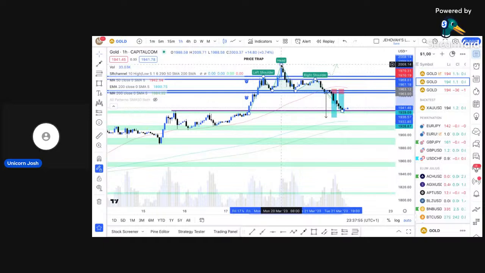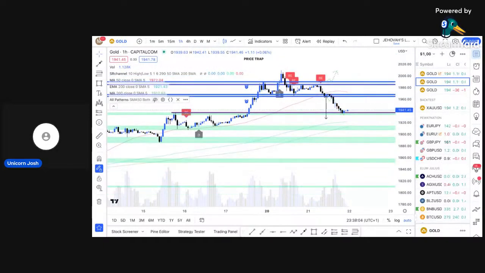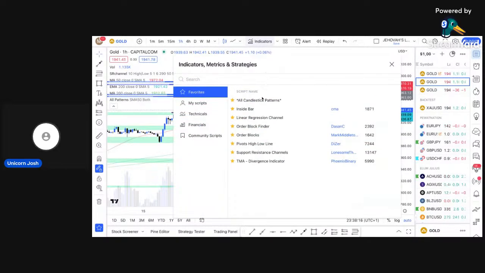So let me delete this and see if this all pattern is going to raise it. It should. Okay, this is just purely candlestick patterns, not chart patterns. So the chart patterns, you can see they are one by one while the candlesticks are different. I think that's the reason why I don't use it, because we have so many patterns and I have to have an indicator for each of them.